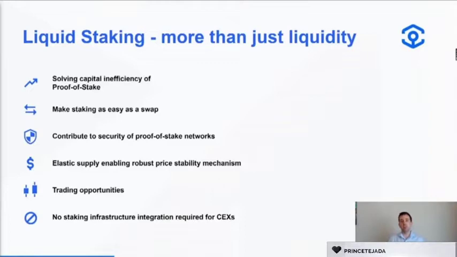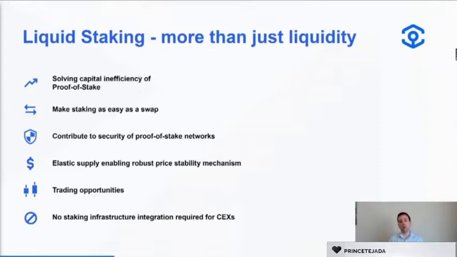That ultimately gives a much more price stability mechanism for liquid staking, because with Ethereum, it mostly depends on how much liquidity you have in decentralized exchanges. The more liquidity you have, the more likely your token is going to be traded fairly.